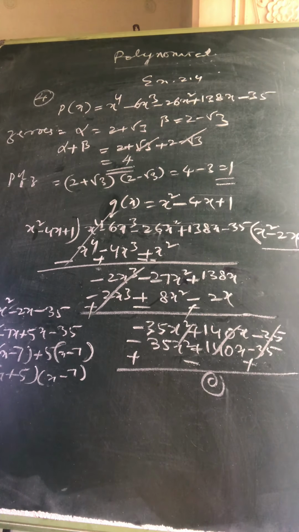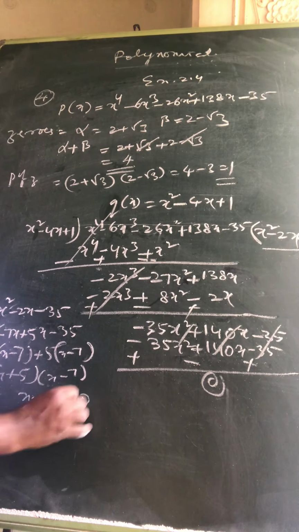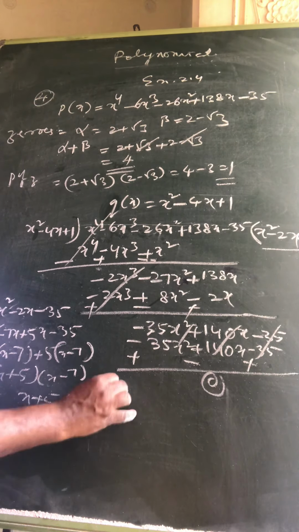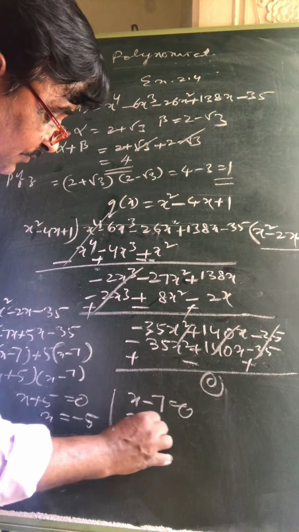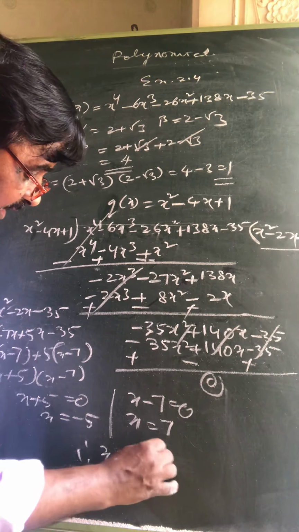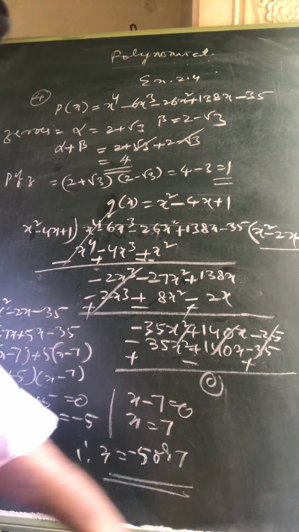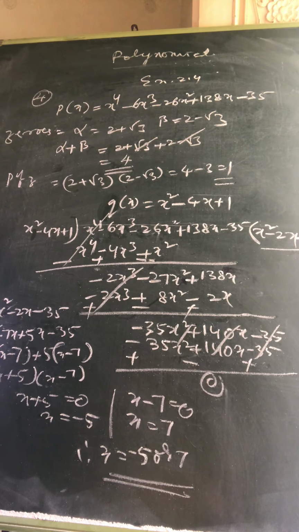The zeros are x plus 5 equal to 0, so x equals minus 5, and x minus 7 equal to 0, so x equals 7. So the other two zeros are minus 5 and 7.